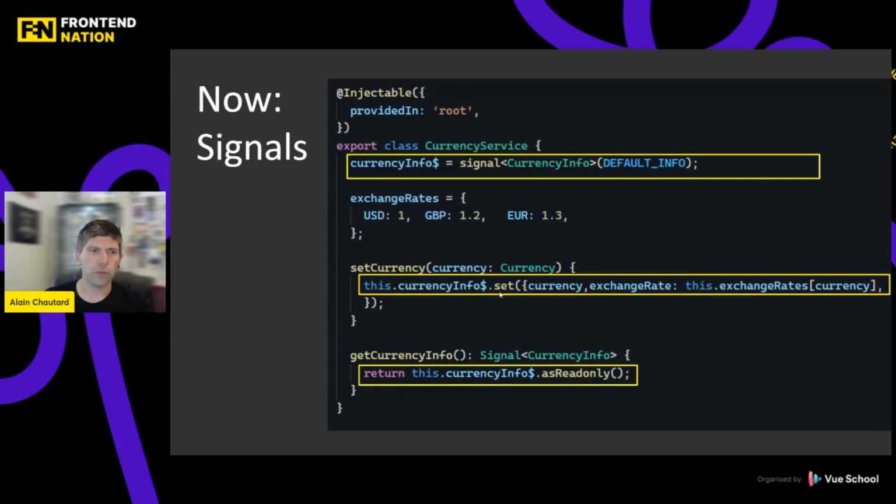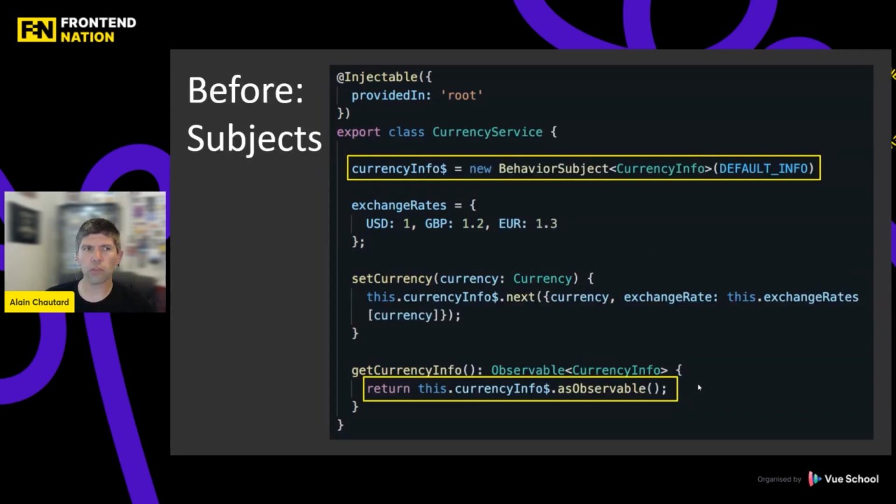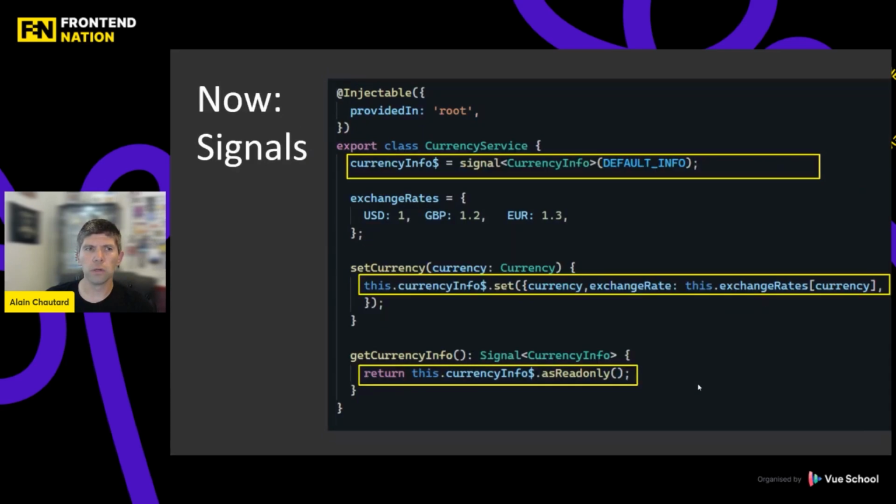Then when you want to update it, you use a setter function. And if you want to expose it as read-only, you create a getter function returning your signal as read-only. And that's it. That's my translation from subjects here to signals down here. Same amount of code. The translation is pretty straightforward to do.